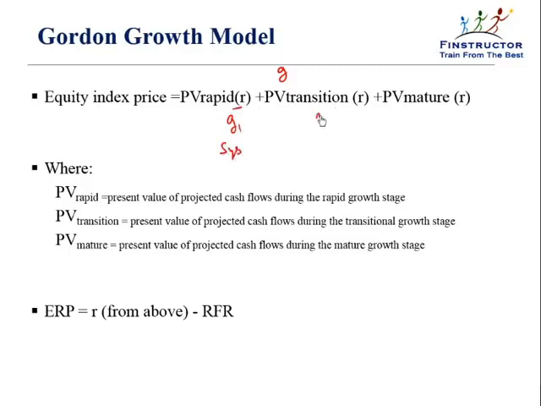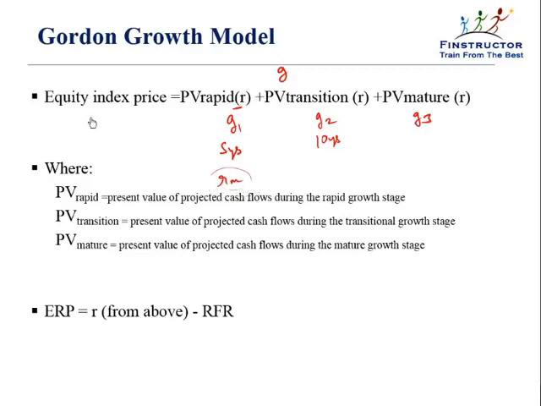A transition phase from developing to developed, wherein the economy has developed but it's still growing at a relatively higher pace. So a G2 for another 10 years, let's say. And then a mature slow growth till infinity, that is G3. We keep the discount rate the same, or the discount rate is what we need to compute.